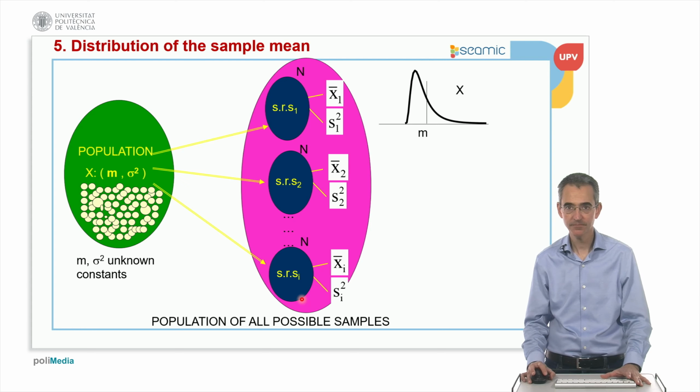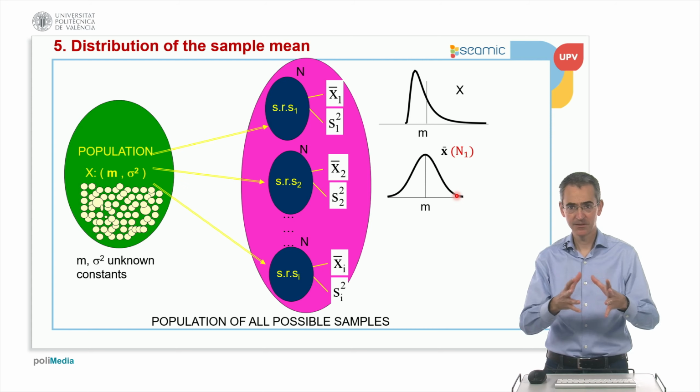Good. And then imagine that the characteristic that I'm measuring is skewed, something like that. But what happens is that if I compute the average, it tends to follow a normal distribution. This is because of the central limit theorem.